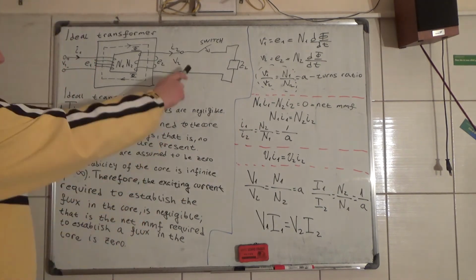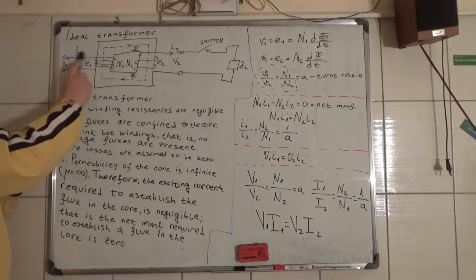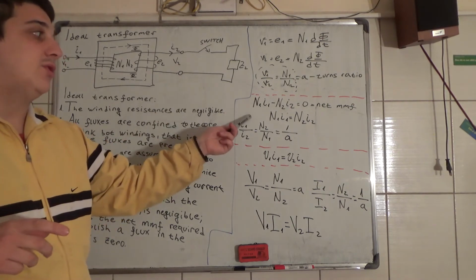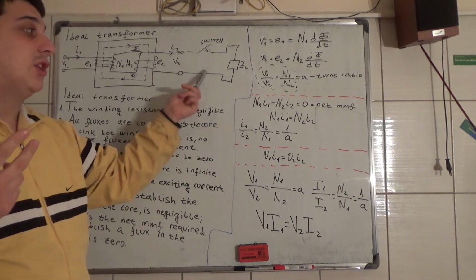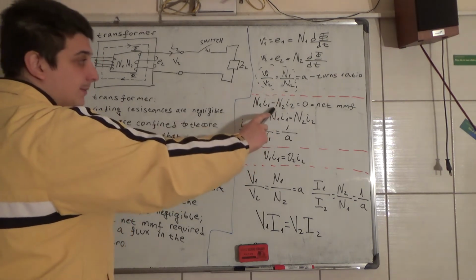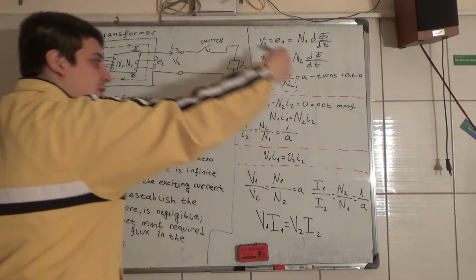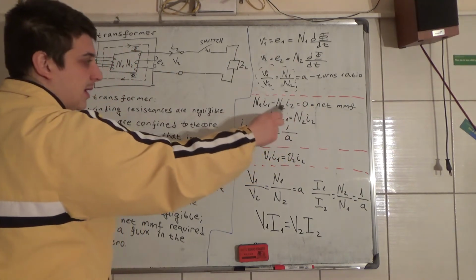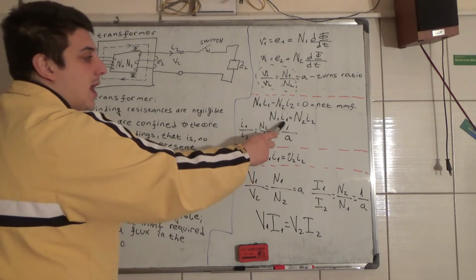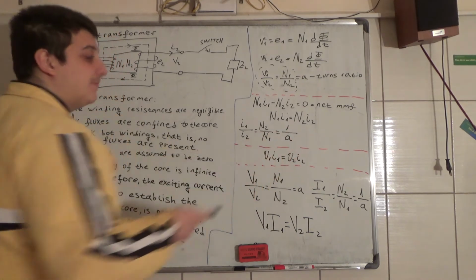So when we have a load here and we draw a current, then here comes the current I1. This is another situation, when the switch is closed. Looking at this equation, when we transfer minus N2 times I2 to the other side, this becomes plus, and you have I1 equal to N2 times I2.